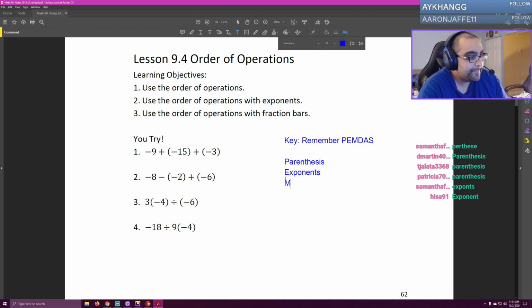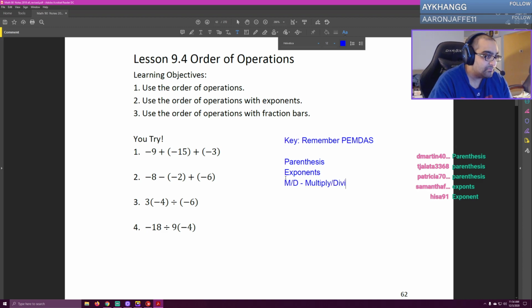And then we have M and D here. M and D are multiply and divide. Don't forget that these are the same rank.